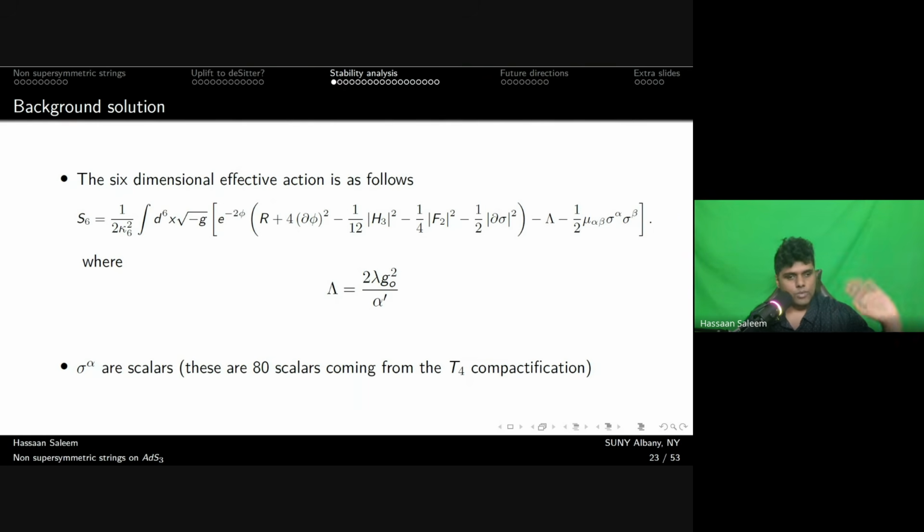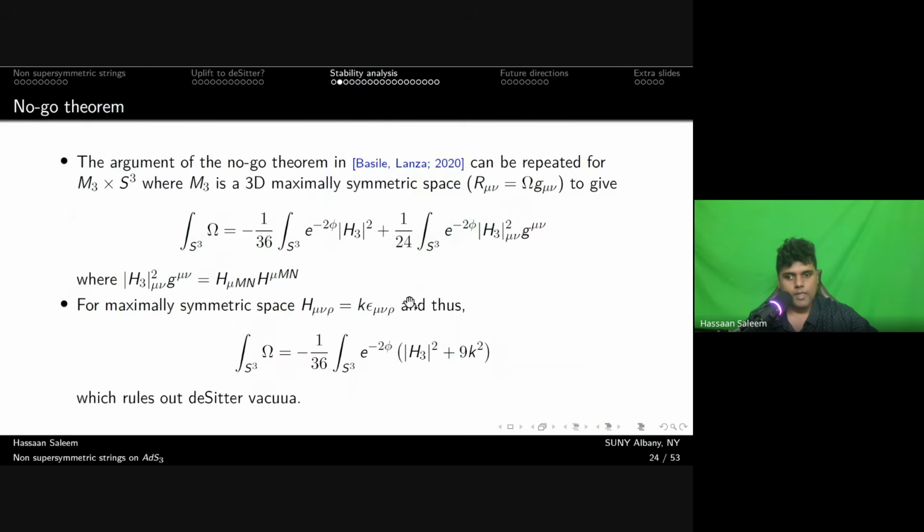Now, before I talk about stability, let me go back to a no-go theorem that I mentioned earlier and put it in the context of our work. The no-go theorem that I mentioned earlier said that if you have magnetic flux, then you can't have de Sitter or Minkowski. So how did they prove that? I'm not going to give you all the details, but in our context, you start from a 3-dimensional maximally symmetric space.